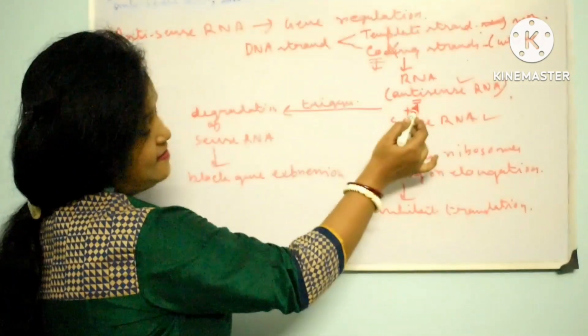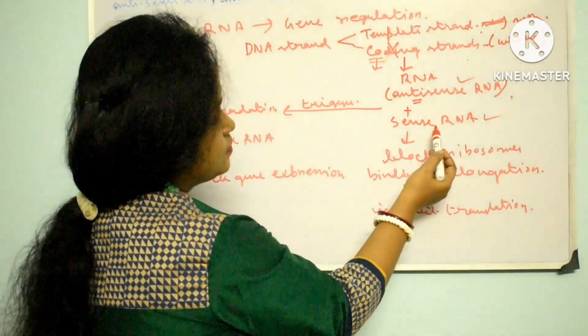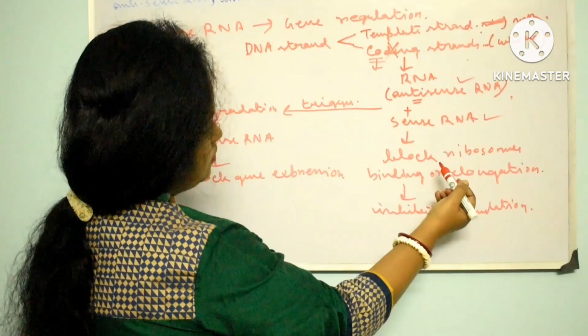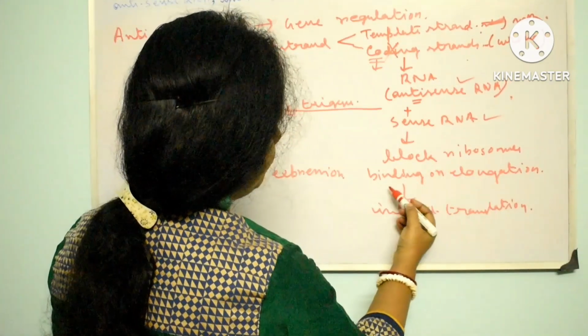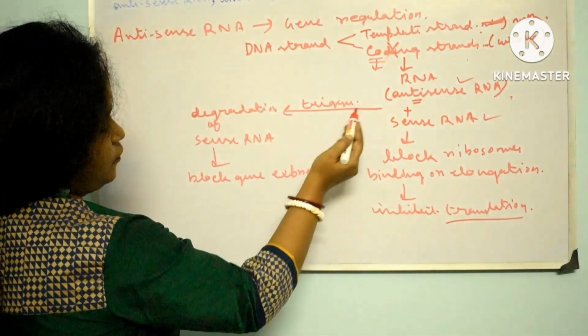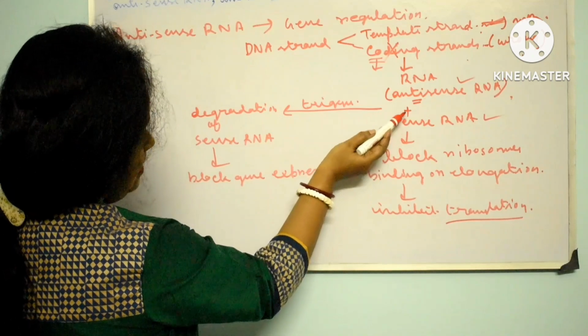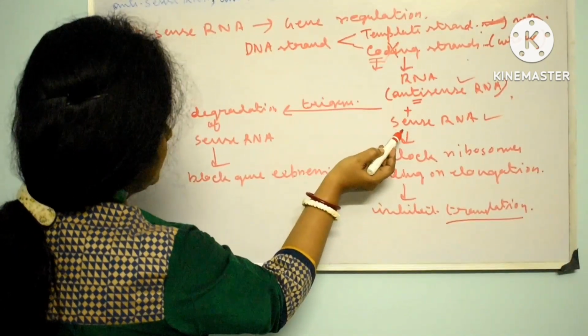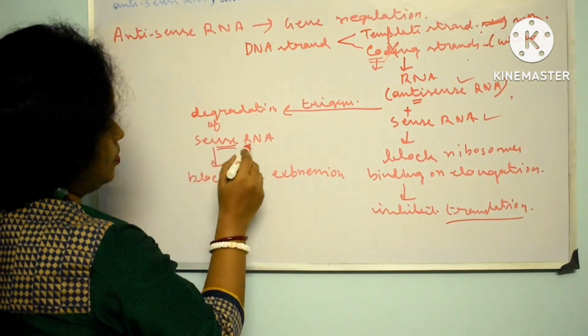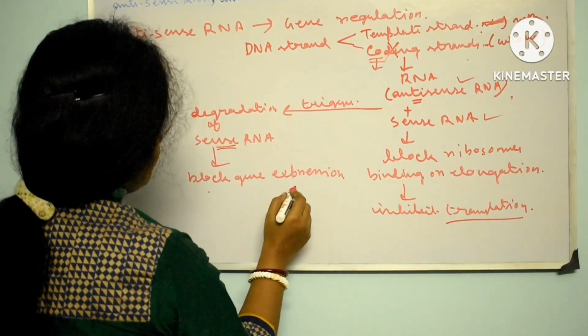When this antisense RNA binds to sense RNA, it can act in two different ways. First, it can block ribosome binding or elongation and inhibit translation. Also, it can trigger degradation of sense RNA and block gene expression.